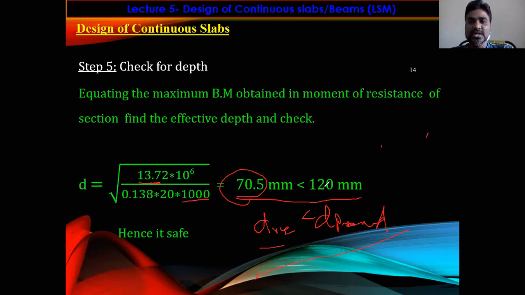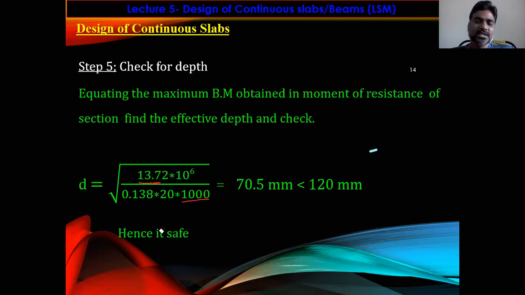So you need to redesign your section by increasing your depth or thickness of the slab. So it is a repetitive process till this condition is satisfied, that is, d required should be less than or equal to d provided, right? So after satisfying this, then you can go for further steps.